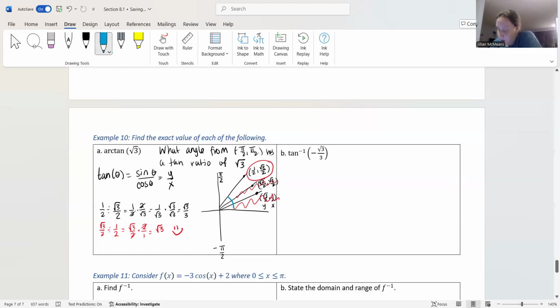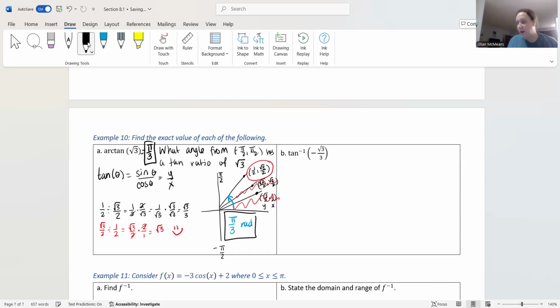What angle gives me that readout? This is going to be pi over 3 radians. So the angle between negative pi over 2 and pi over 2 that has a tangent ratio of root 3 is going to be pi over 3 radians. So I would put pi over 3.